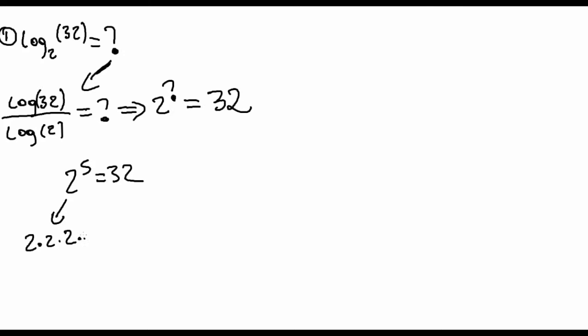Also, 2 times 2 times 2 times 2 times 2 is the same thing as 32. That's a basic idea that we're going for. So question mark equals 5.